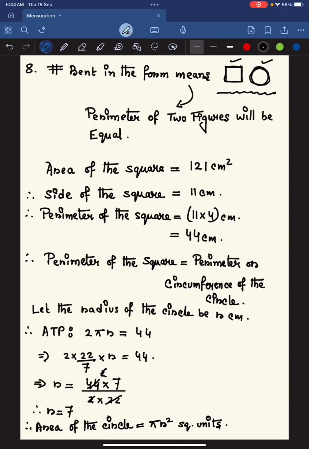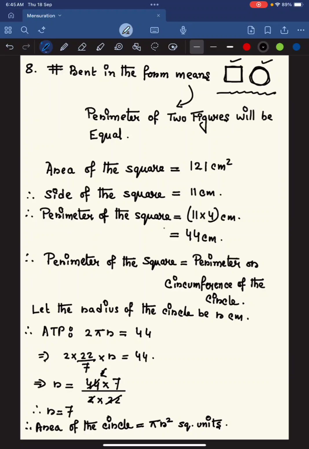Got it? So when any wire is bent in the form of two figures, their perimeter will be the same. Understood? Here the area of the square is given as 121 centimeter square. Therefore the side of the square will be 11 centimeter.